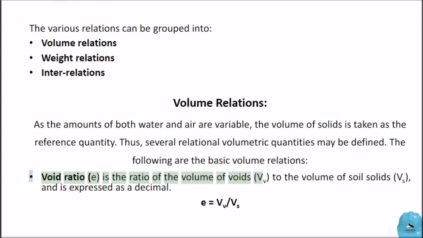Void ratio, e, is the ratio of the volume of voids, V_v, to the volume of soil solids, V_s, and is expressed as a decimal. e equals V_v over V_s.